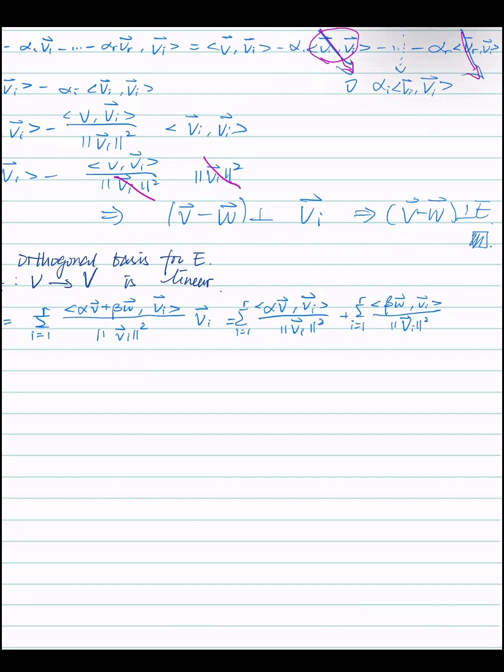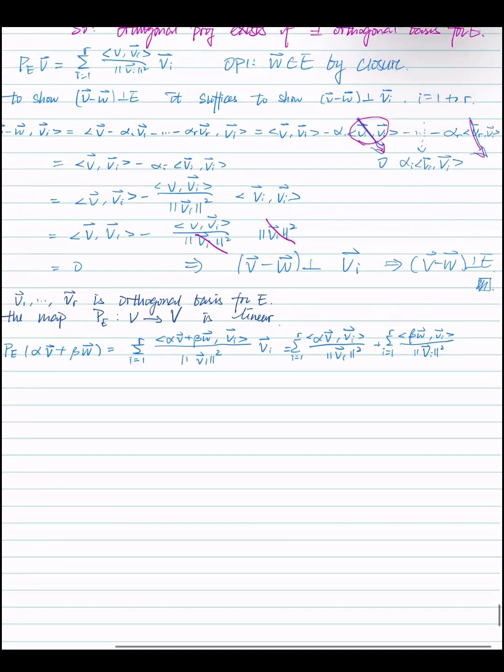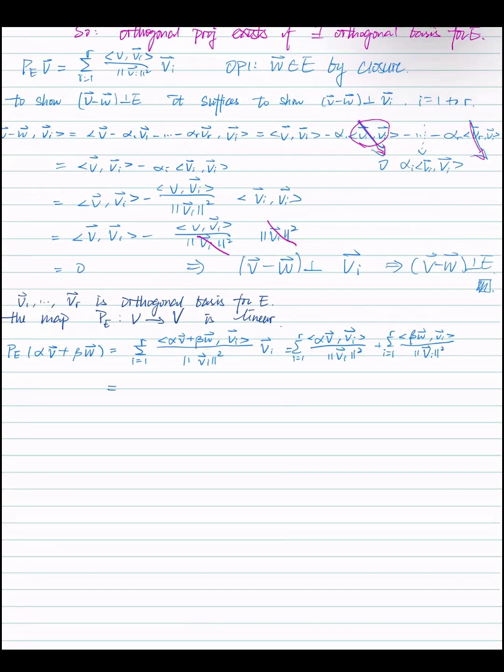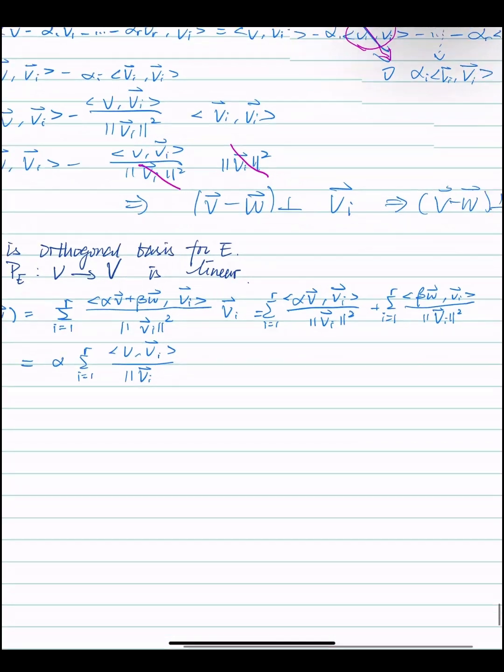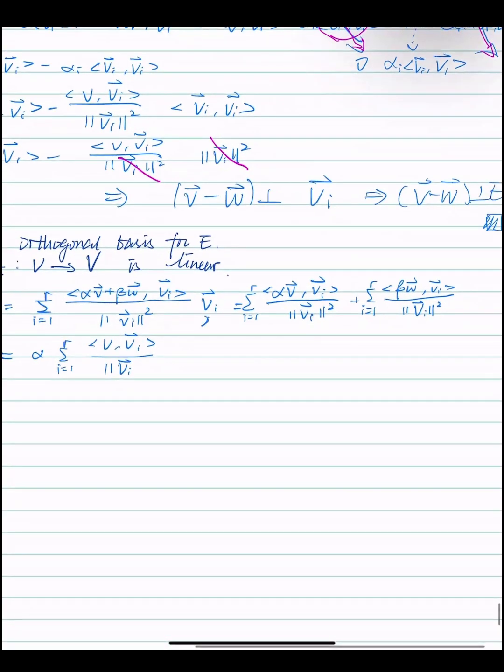Okay, and that would be equal to, again by linearity, take the alpha outside. You're left with the sum of v comma vi over the norm of vi squared. Oh, I forgot this vi. That's what it said.